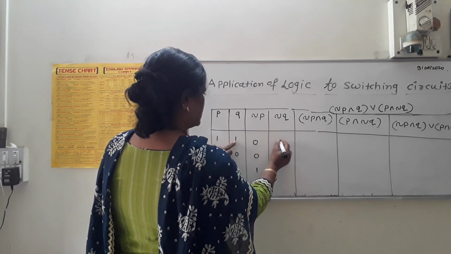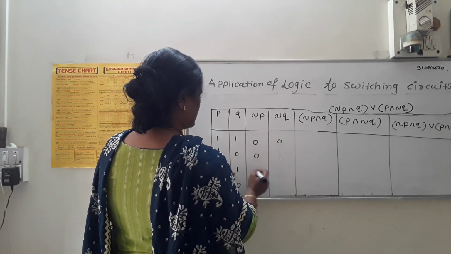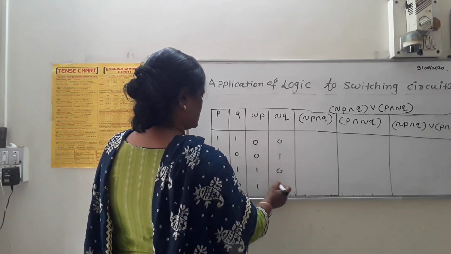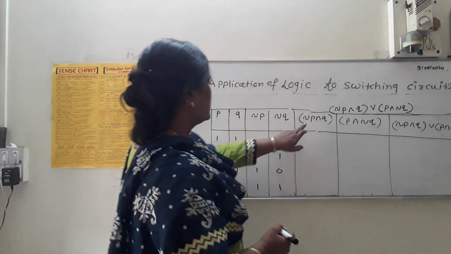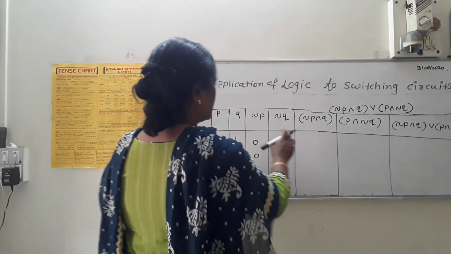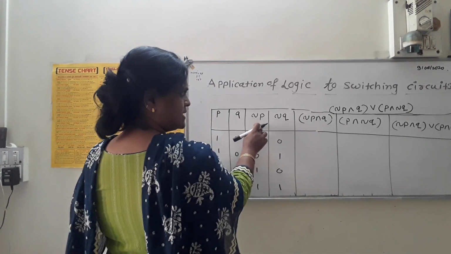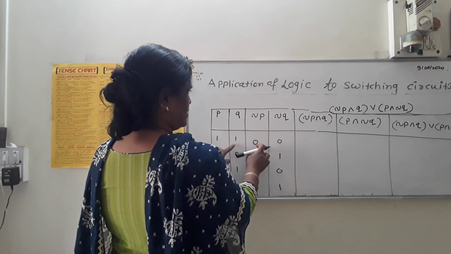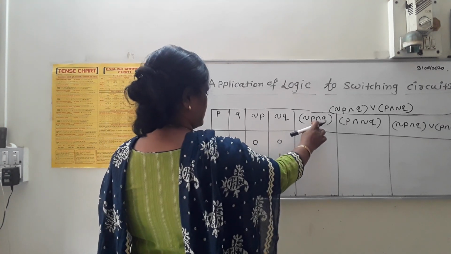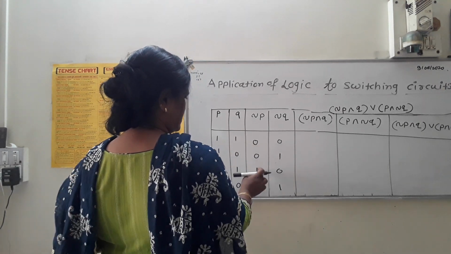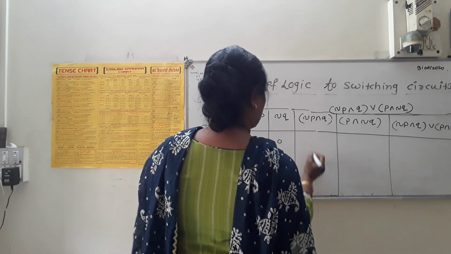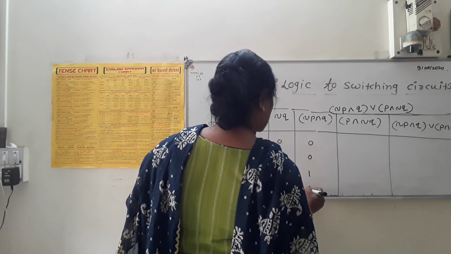Negation Q is 0, 1, 0, 1. Now negation P and Q: negation P and Q means only one true, TTD, so it is 1, remaining all are false.